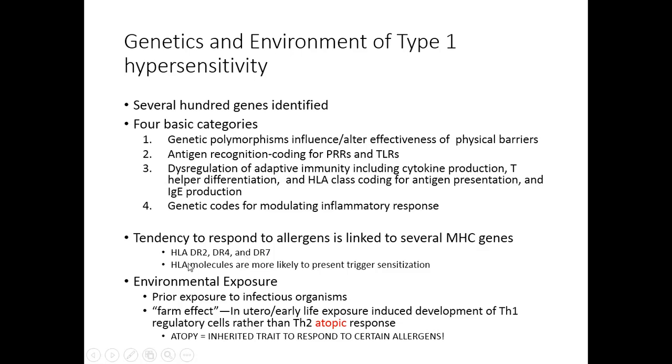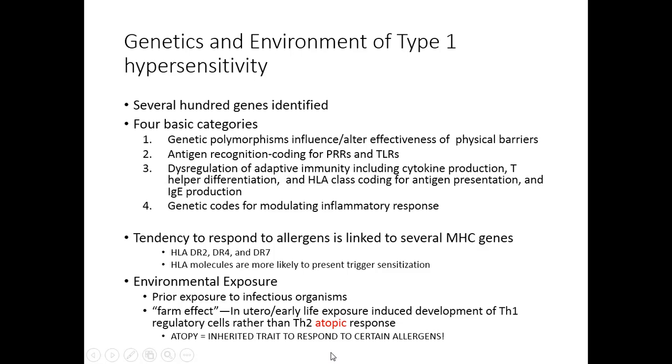These HLA molecules linked to the MHC genes are more likely to trigger that sensitization we just saw of IgE sensitizing and binding to mast cells and basophils at that Fc epsilon R1 receptor. But as I said, we're not going to pretend that environment doesn't have an impact.